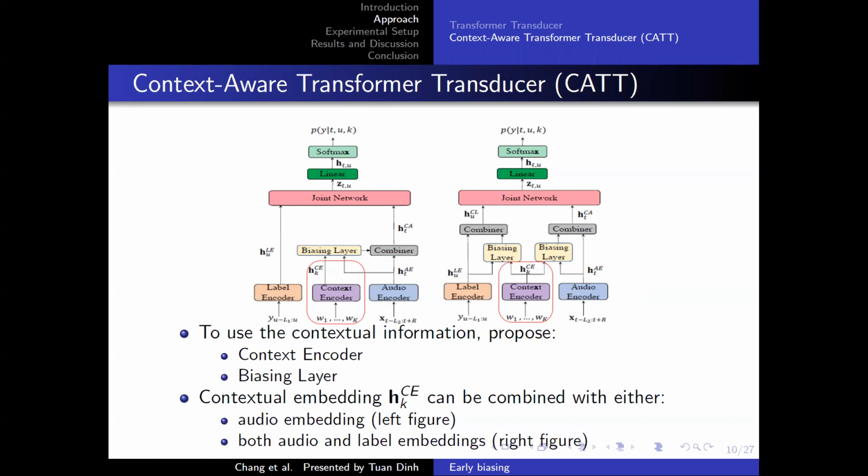The context encoder encodes a list of contextual phrases, while the biasing layer combines the contextual embedding with either audio embeddings, as shown in the left figure, or both audio and label embeddings, as in the right figure.